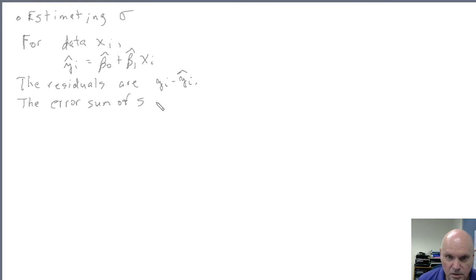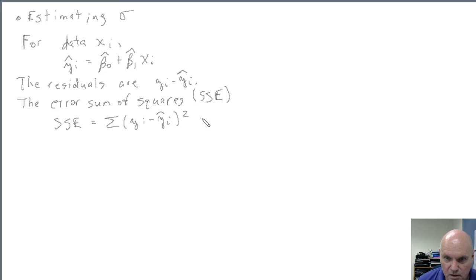So this is the sum of the squared residuals. And using the notation from the textbook, this is SSE, and the formula for SSE is the sum of, again, just the differences between the yi and the values lying on our regression line.